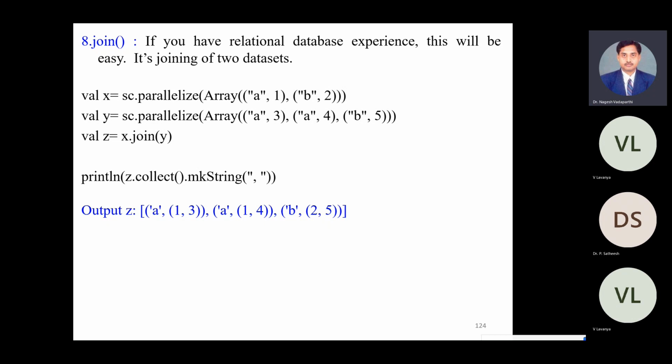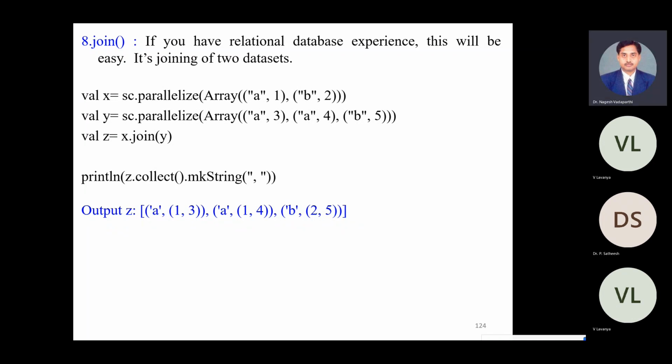Then y is equal to sc.parallelize of Array(a,3), (a,4), (b,5). This is the y input data set. x is an input data set. Then the final z output data set is equal to x.join(y). Now I am joining two data sets. Here join is a transformation function. It joins two data sets.